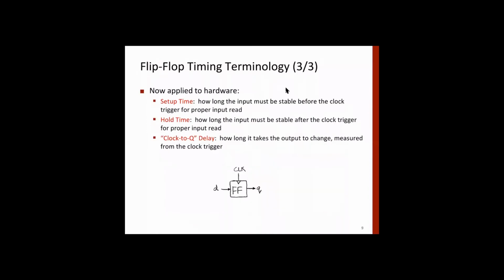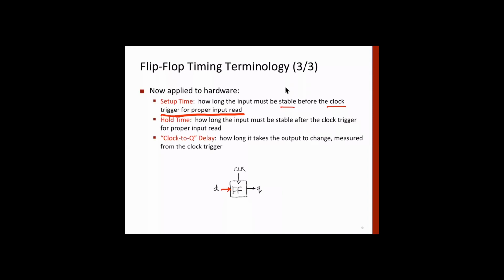Similarly, exactly a similar analogy we can have in the flip-flop. The D signal has to be stationary, or stable, before the clock edge happens. Before the clock edge, D has to be stable for some time, and once the clock edge happens, after that also there has to be hold time.